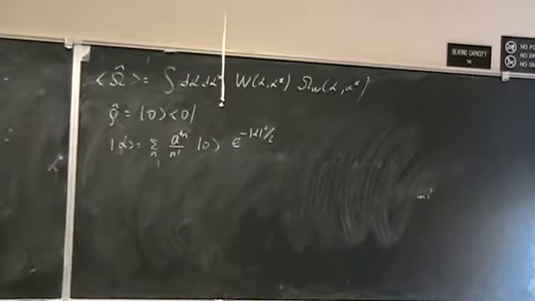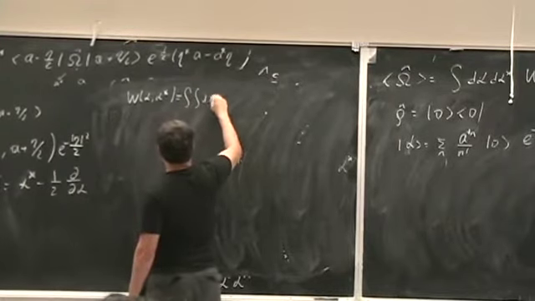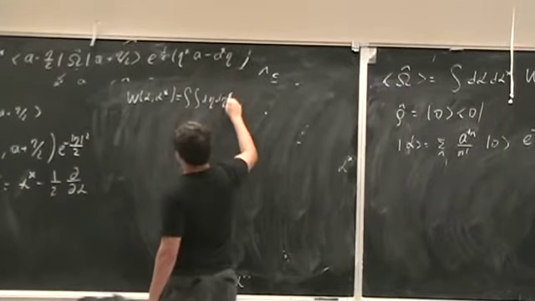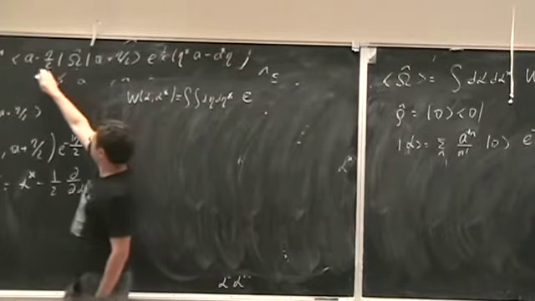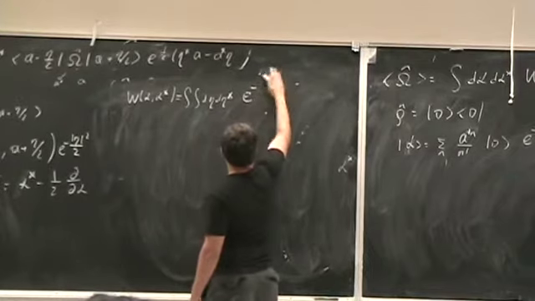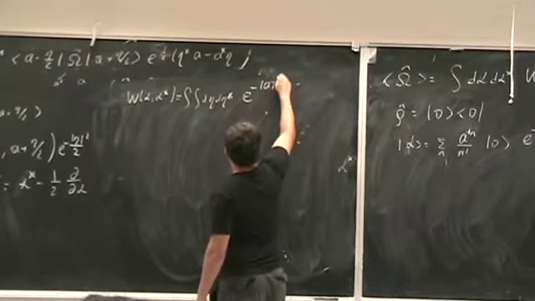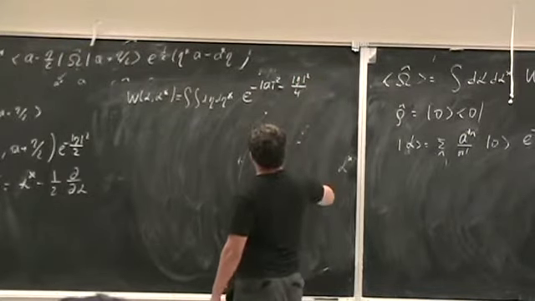So if I want to compute my Wigner function, I will get an integral, and I will get e to the minus 1/2 of this squared, 1/2 of this squared. We already did this calculation. It's e to the minus mod alpha squared minus mod eta squared over 4.